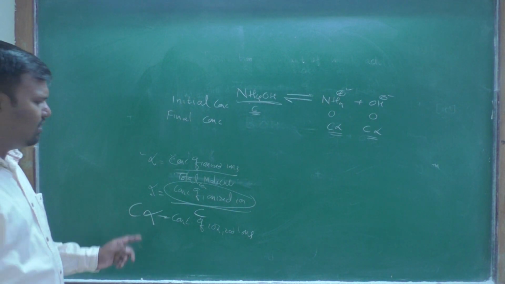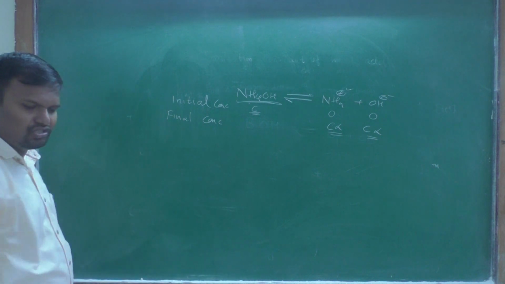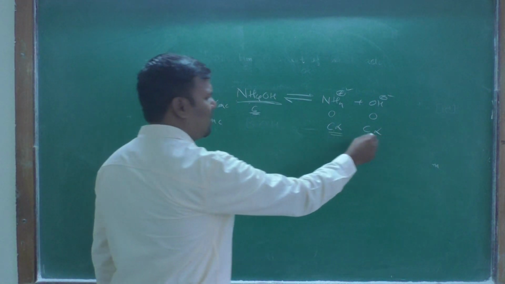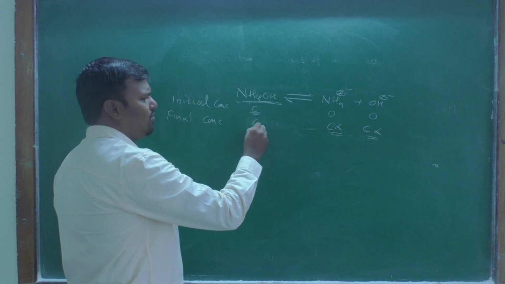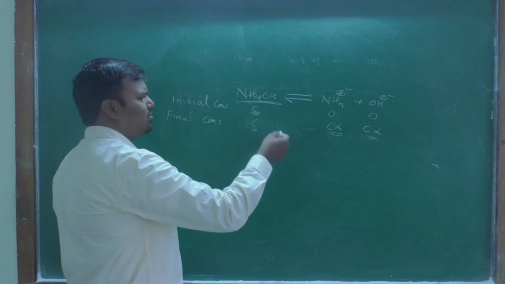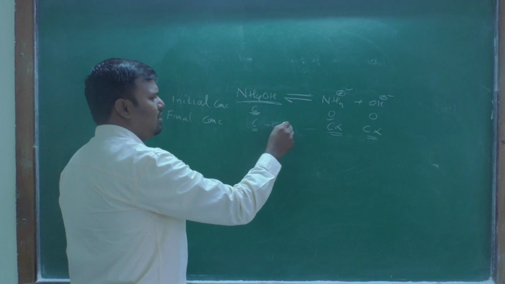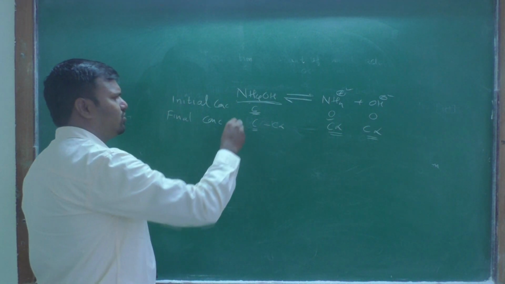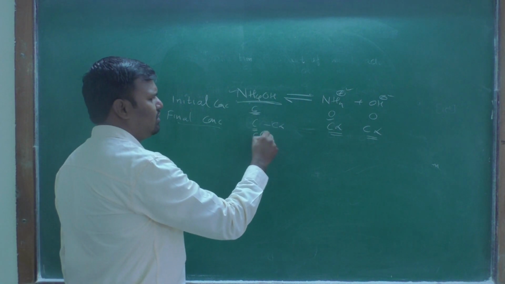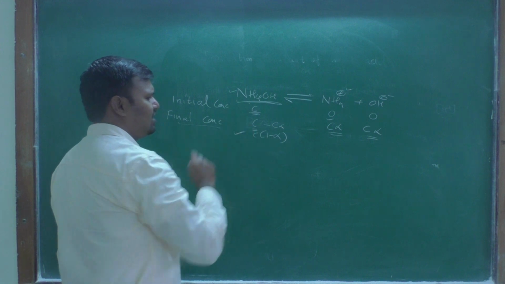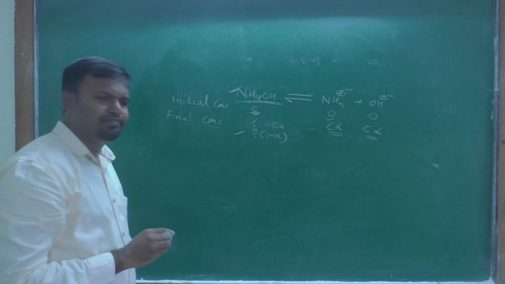After some time the ionized ions are C alpha and C alpha. The initial concentration is C, it dissociates into C alpha, therefore C minus C alpha, that is C into 1 minus alpha, is the concentration of our weak base after some time.